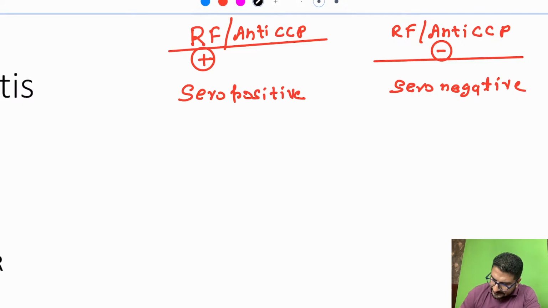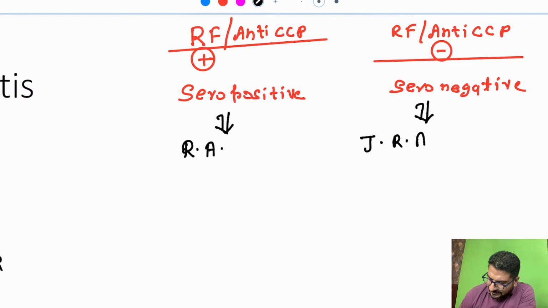So understand this thing. The classical example of seropositive arthritis will be RA. RA means rheumatoid arthritis. In seronegative arthritis, understand, we have JRA. JRA means juvenile rheumatoid arthritis, ankylosing spondylitis, IBD-associated arthritis.